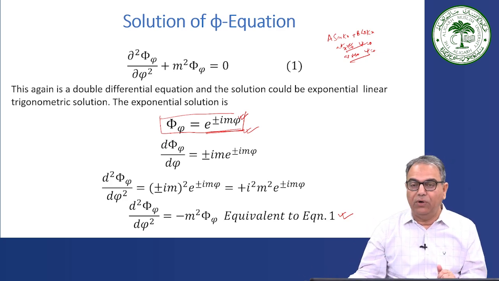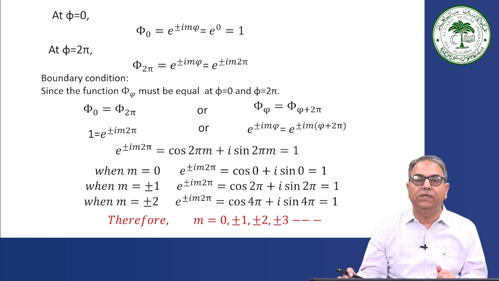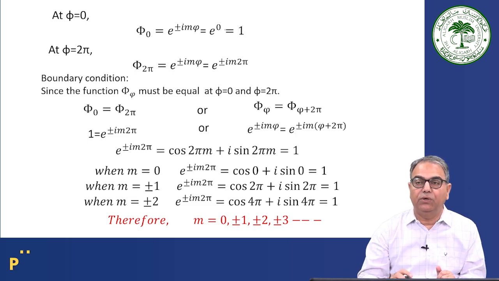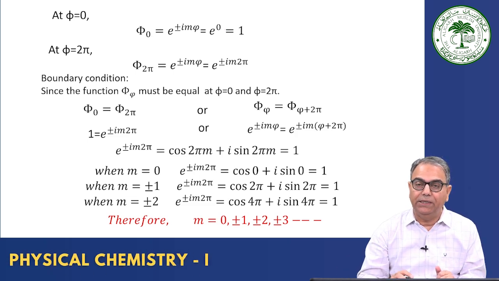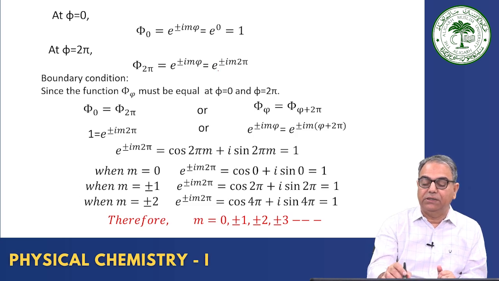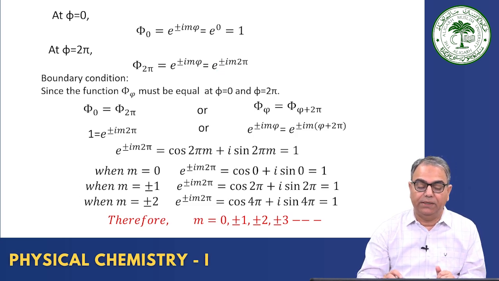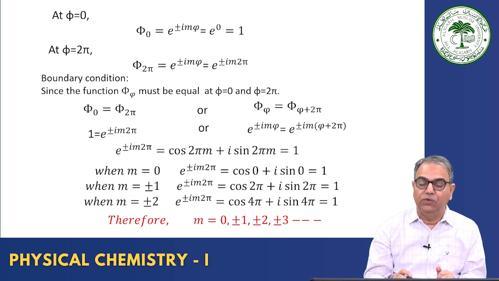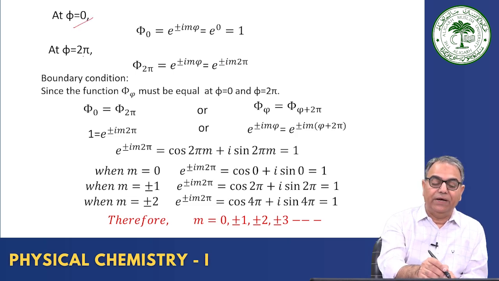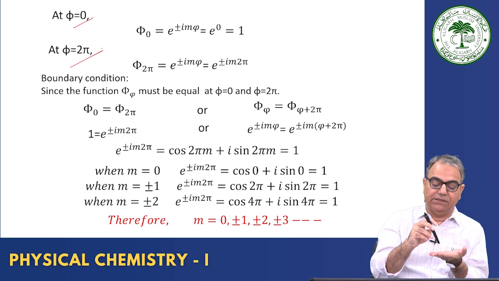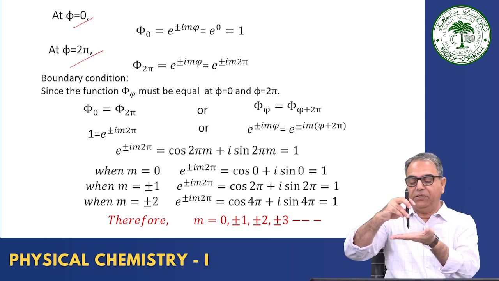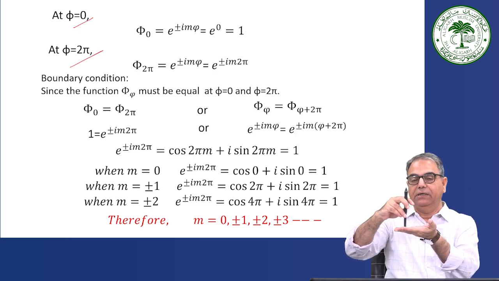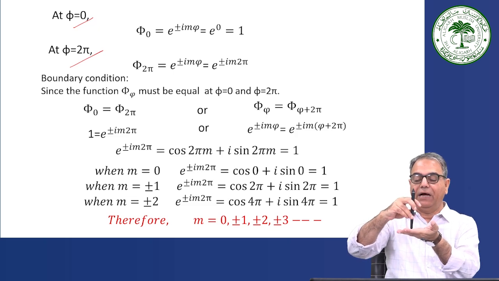So, the boundary condition for this particular equation is that at phi is equal to 0, the function will be equal to 1, and at phi is equal to 2 pi, the equation tells you that it's exponential plus minus i m 2 pi. The boundary condition tells you that phi is equal to 0 and phi is equal to 2 pi is the same point on the x-axis, because phi is equal to 0 when you are on the x-axis, and phi is equal to 2 pi after one complete rotation you come back on the x-axis.